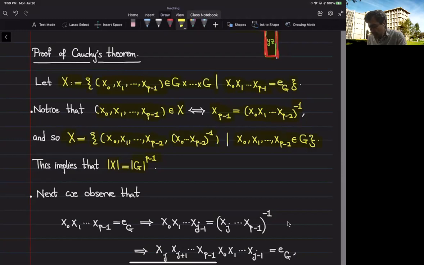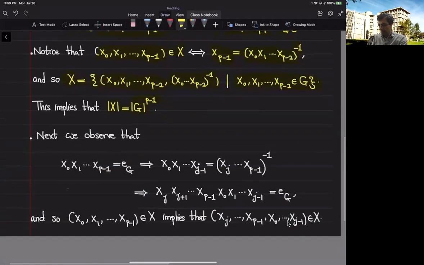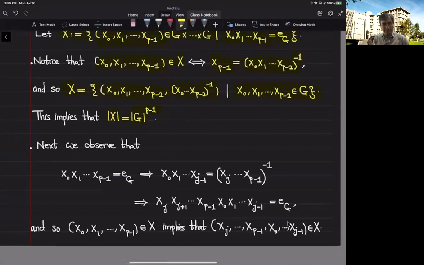Now, the magic happens right here. Here is the place where we are looking for symmetries. When I give you p elements of the group and tell you that their product is the neutral element, I can cut it at the jth place. I can take the first j terms, put a parenthesis around them, and consider this as the product of the first j terms times the rest.